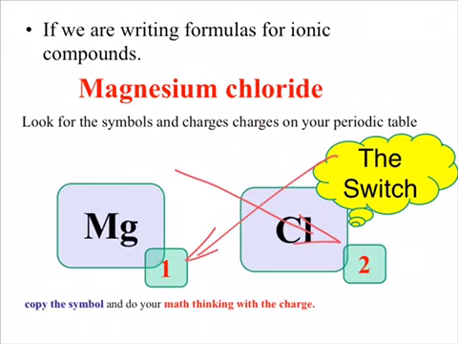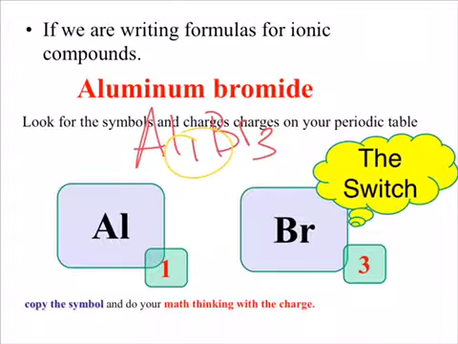Look up aluminum on the periodic table. Look up bromine. You have a positive 3 and a negative 1, and those numbers switch. And the formula is aluminum with a 1 and bromine with 3. Now, do we write this? Have we ever included ones? Let me do that in black.